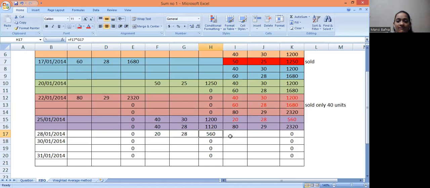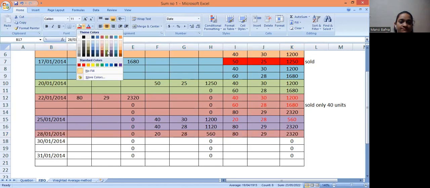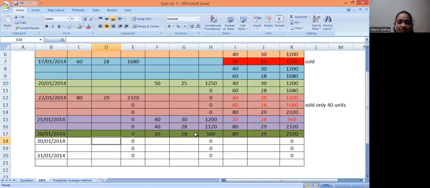So now you will have a balance of only 80 units at the rate rupees 29 each. So your 28th transaction is also completed. You have 20 units which you have sold at 28 rupees each, and then you have 80 units of balance of 29 rupees each.